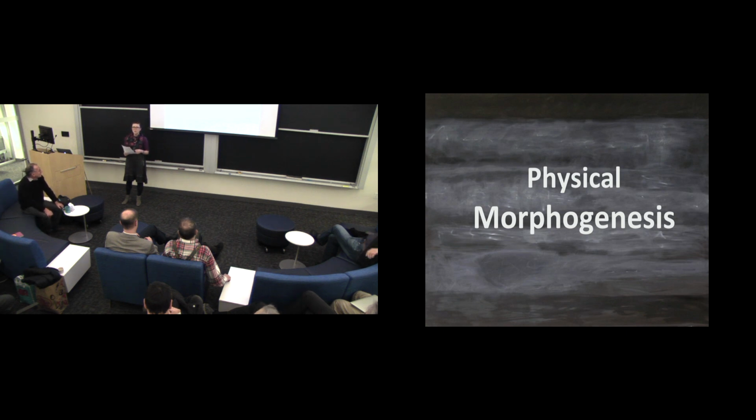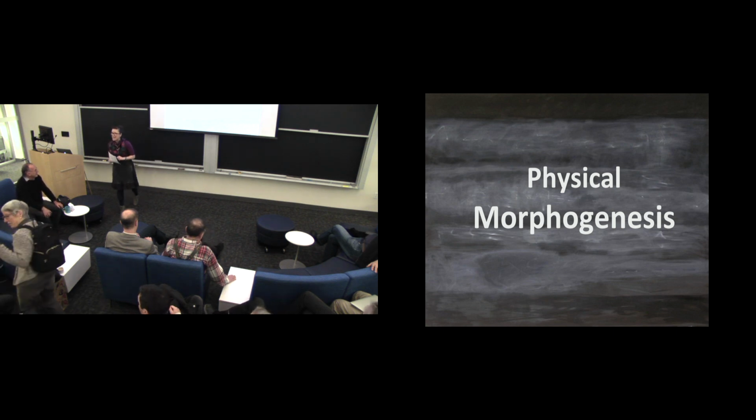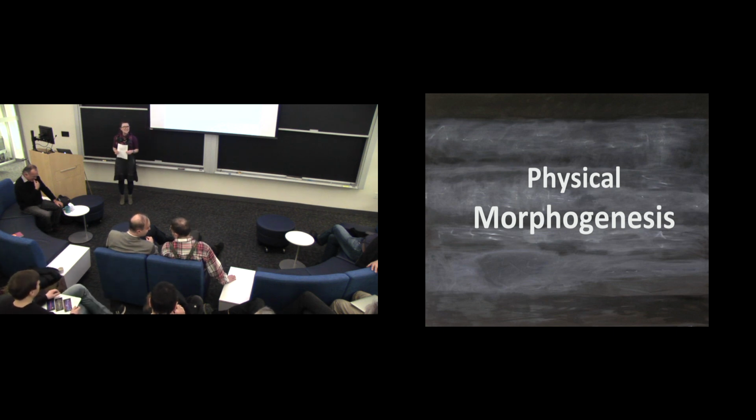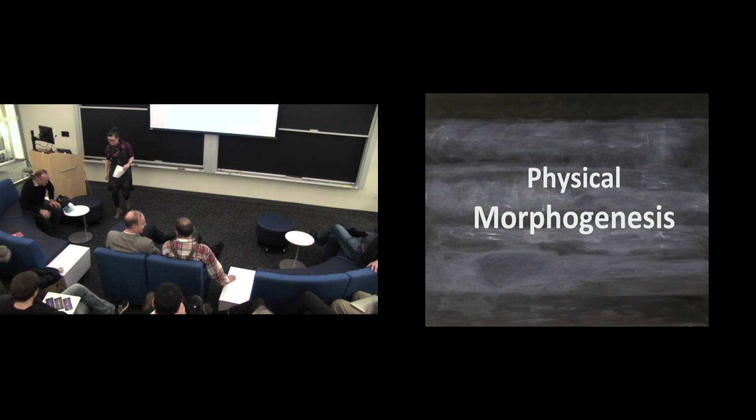His lab focuses on morphogenesis and statistical genetics. What it means you'll learn today, especially we'll get a beautiful canonical example of morphogenesis, the fly morphogenesis, in the lecture on the physical side of it today. So I'm very much looking forward. Please, Boris.